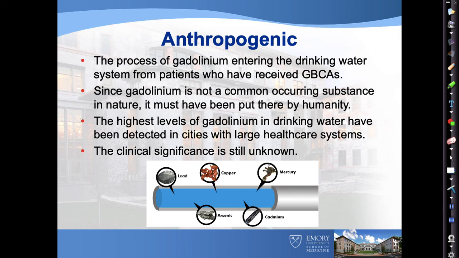The highest levels of gadolinium in drinking water have been detected in cities with large healthcare systems. So these patients are receiving the gadolinium and then excreting it into the toilet, and then it's getting into our water system. The clinical significance is still unknown, and further research still needs to be done.